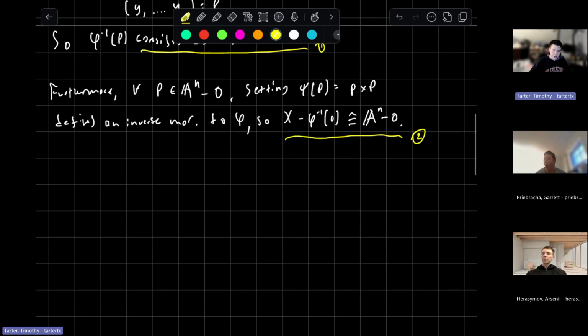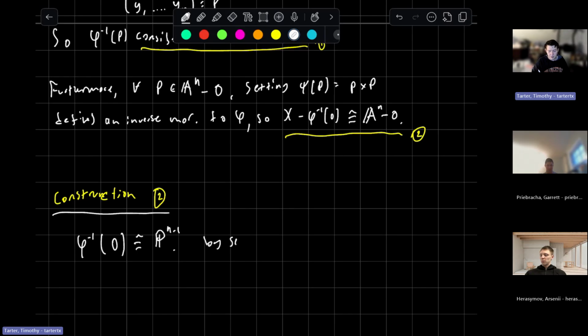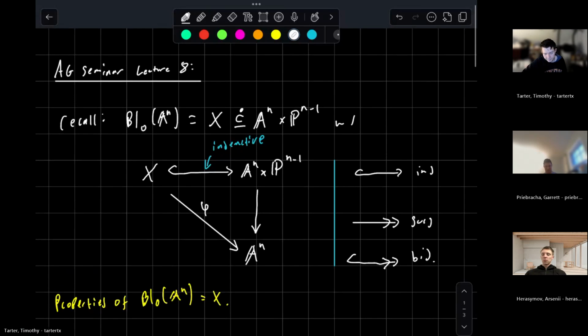So our second construction is phi inverse of 0 is isomorphic to Pn minus 1. And this is by setup. This is just how we defined it to work.